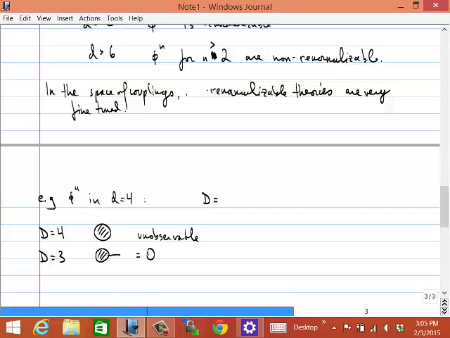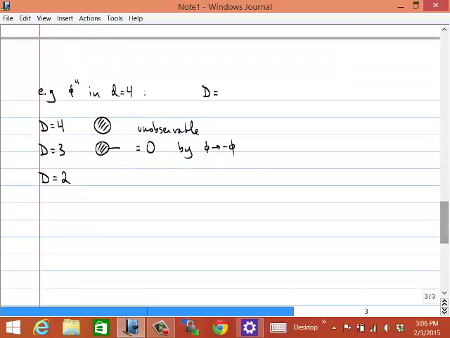But for phi to the 4 theory in 4 dimensions, this is actually 0 because you have a phi to minus phi symmetry. This is the theory where the Lagrangian is d phi squared plus m squared phi squared plus lambda phi to the 4th, which has a phi to minus phi symmetry. That means that the expectation value of any odd number of powers of phi in the vacuum state has to be equal to 0, so this 1-point function has to be equal to 0. So in particular, the 3-point function is also going to be equal to 0.